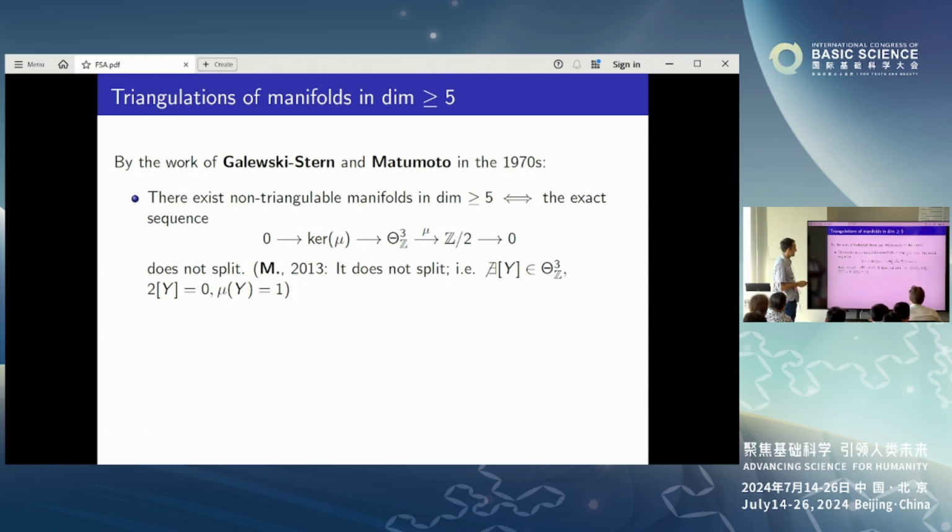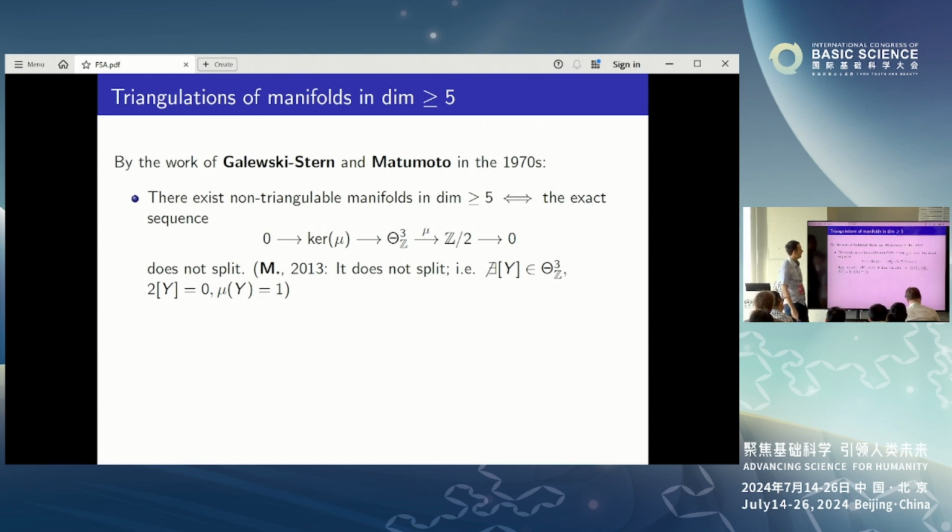So what is this exact sequence? You look at the Rokhlin homomorphism from theta 3Z to Z mod 2, and you look at its kernel, and splitting would mean that you have a map the other way from Z mod 2 to here, that it would split as a direct sum of Z mod 2 and the kernel.